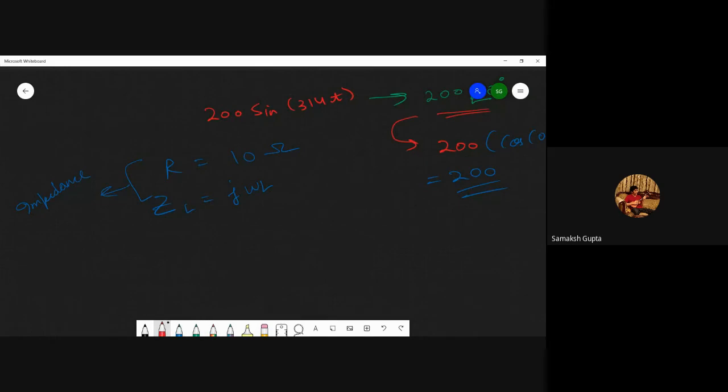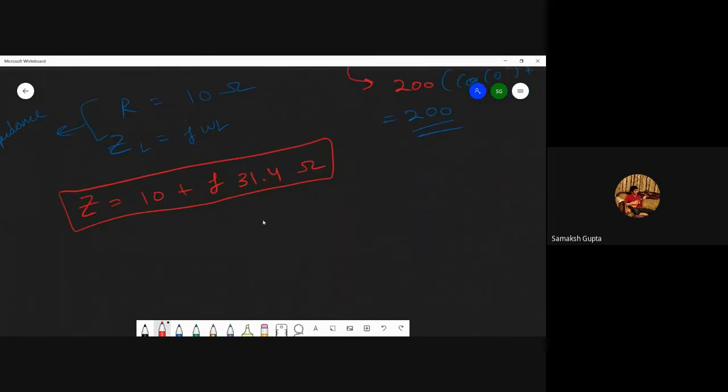Okay, so your overall impedance of the circuit becomes 10 plus j omega L. What was the value of L? 0.1 Henry. So this becomes 31.4 ohms. So this is your overall impedance of the circuit.